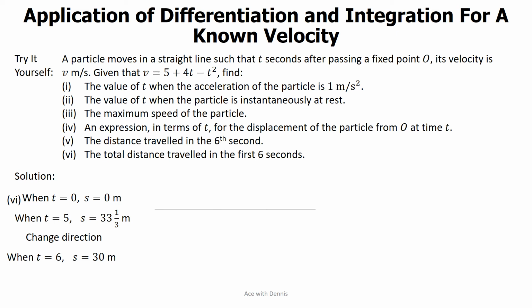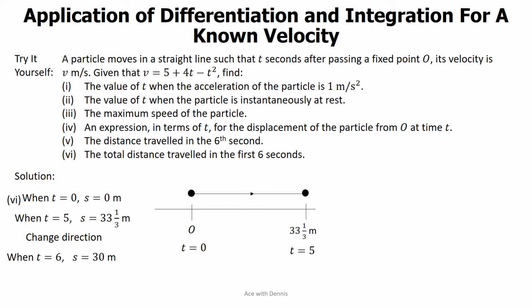To illustrate the whole journey, here is how it looks. This is the fixed position O. When the time is 0, the particle is at this position. Then it moves in this direction, until when the time is 5 seconds, the displacement is 33 and 1/3 meters, and the particle is at this position.